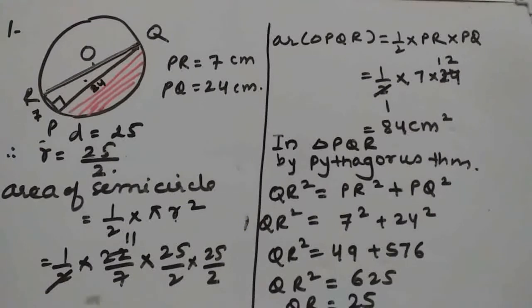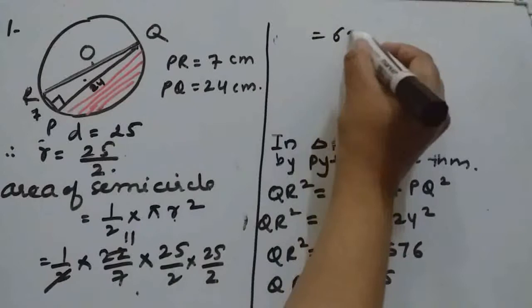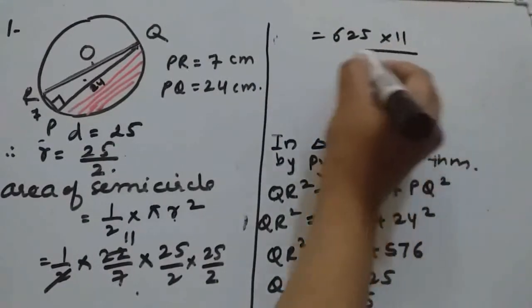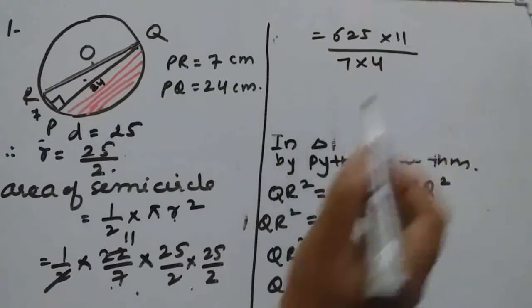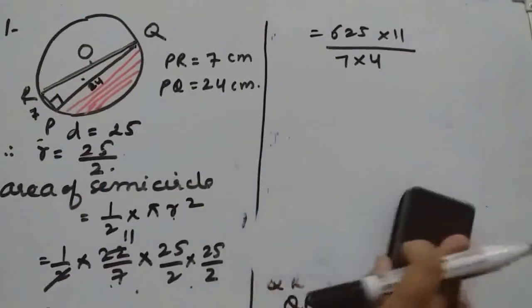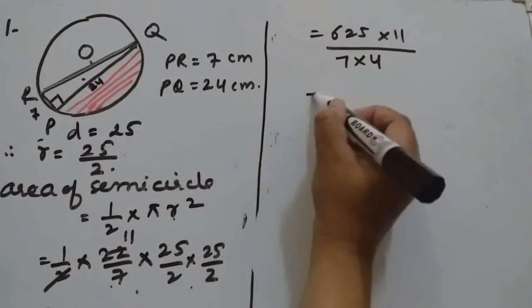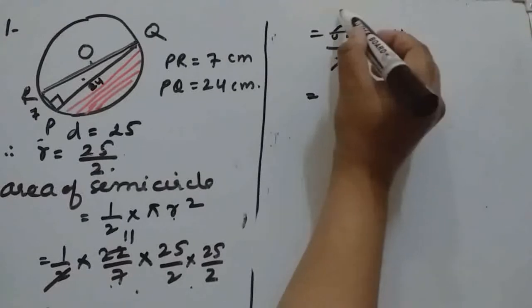This will go. Now 25 into 25 means 625. Here I will write 625 into 11 by 7 into 4, we can write. Okay. Now from 7 we can cancel this. 7 8s are 56.